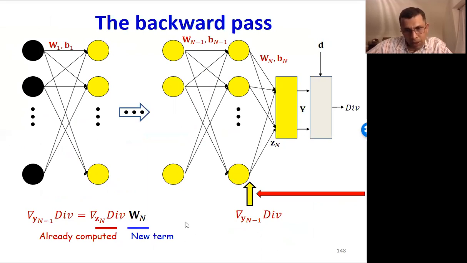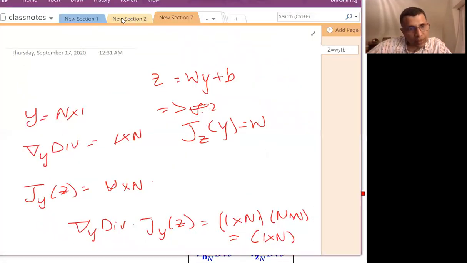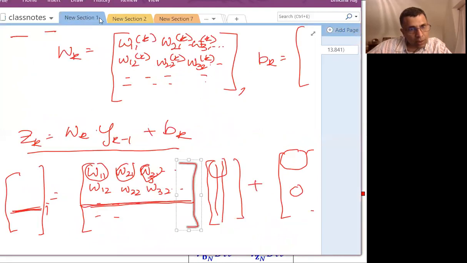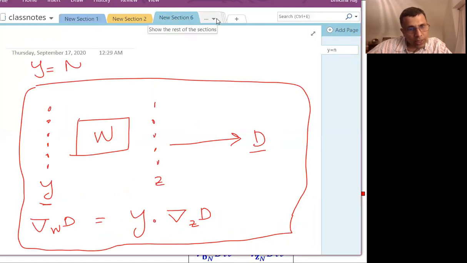And now, using the other rules that we just discussed, which hopefully I can find. Somewhere here. So when you have this kind of a relationship where y is operated on by a matrix W to compute z, then we saw that the derivative of the divergence with respect to W is y times the derivative of the divergence with respect to z.